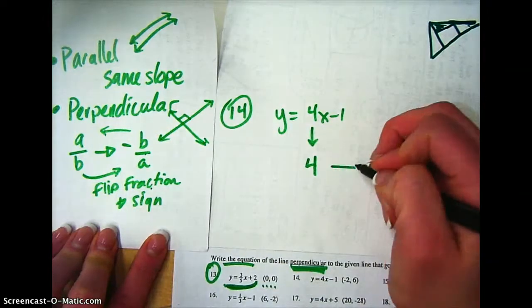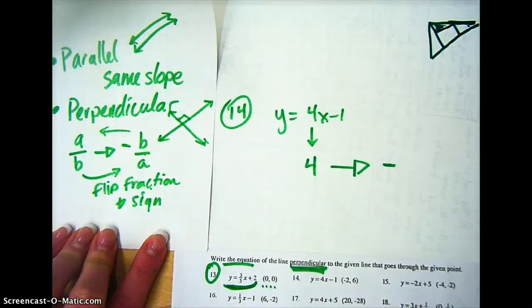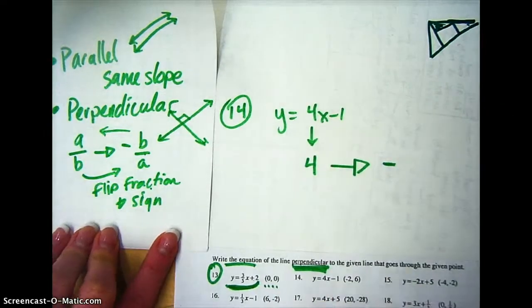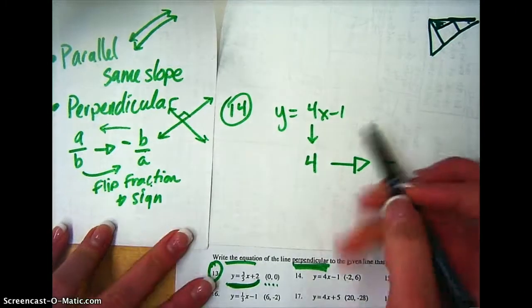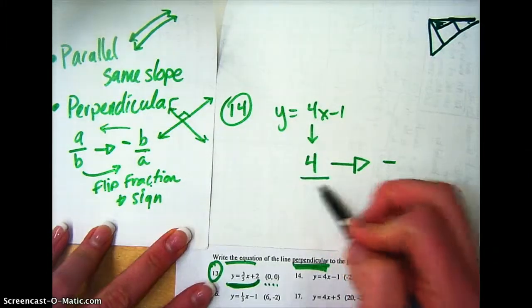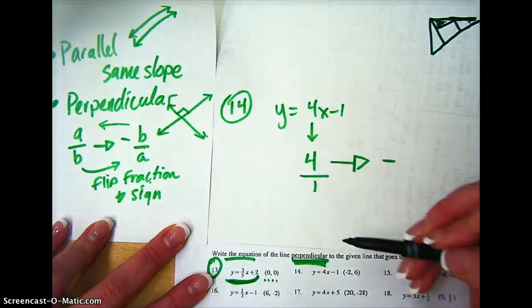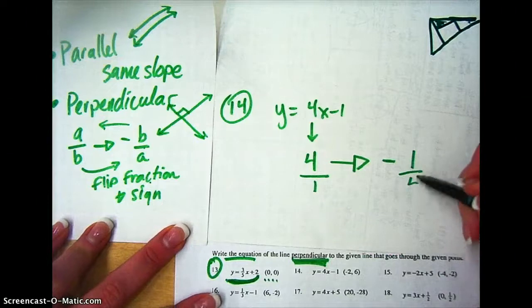This is going to flip to negative. I know that for sure because 4 has to turn into negative something. But then I need to flip this fraction, but 4 is not a fraction. So you have to remember your fraction skills: any number can be a fraction by putting it over 1. Now 4 is a fraction, that's still the number 4. Now I flip it into negative 1/4.